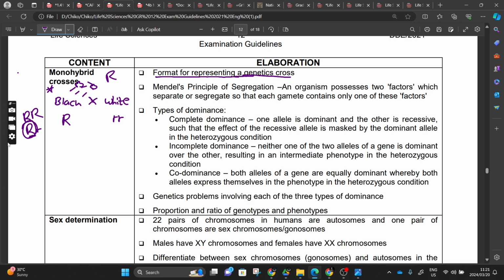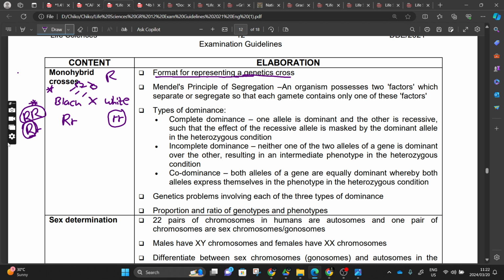So it means that this black guy, he is homozygous dominant? No. The lady is homozygous recessive. But because the guy can have a white baby, that means that this homozygous option I cancel. We are going to use this small r.